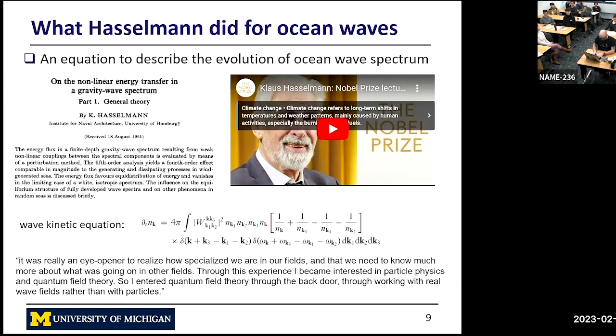Another connection between the science and engineering is actually the internal gravity waves. These days we do climate modeling, we do global ocean models, and the grid size is very large for those models. So we cannot capture the internal gravity waves. In other words, the internal gravity waves need to be parameterized for those models to give us a reasonable understanding of how the global ocean or global climate changes.